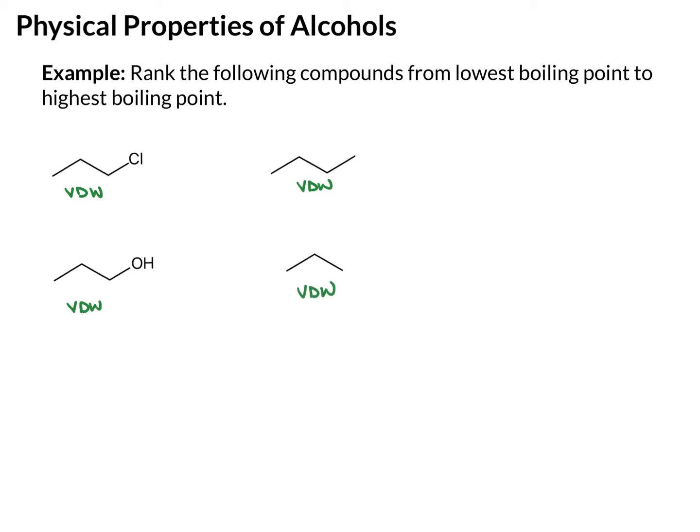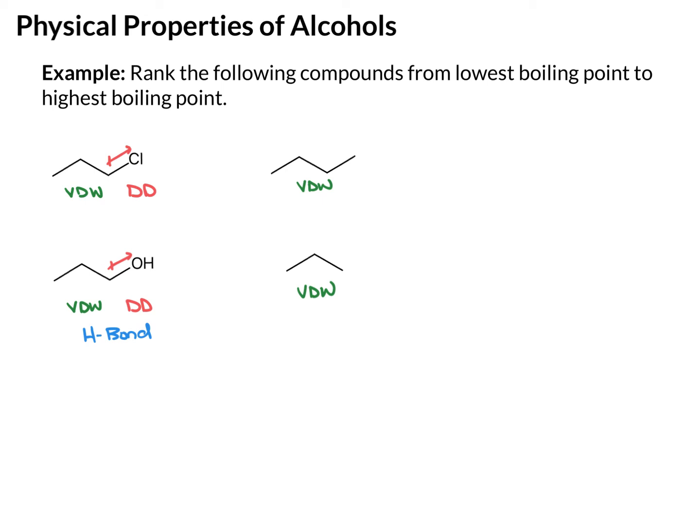The next thing we can identify are dipole-dipole interactions. So which of these have permanent dipoles? The chlorine has a permanent dipole. The one with the oxygen has a permanent dipole. So these two have dipole-dipole interactions. And then our third intermolecular force is hydrogen bonding. And only the one with the OH has hydrogen bonding.